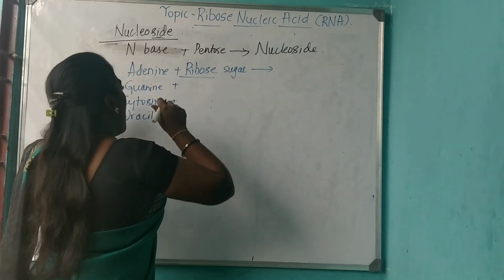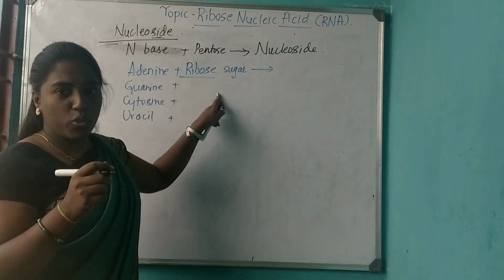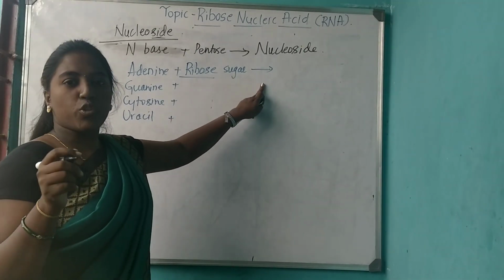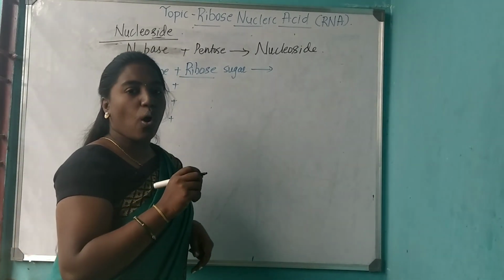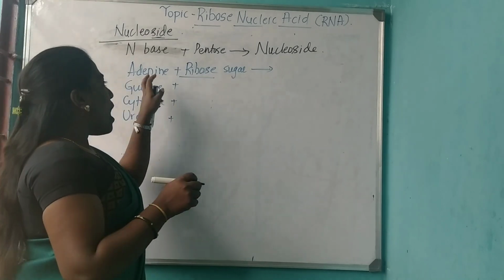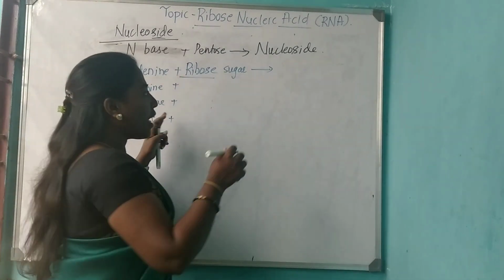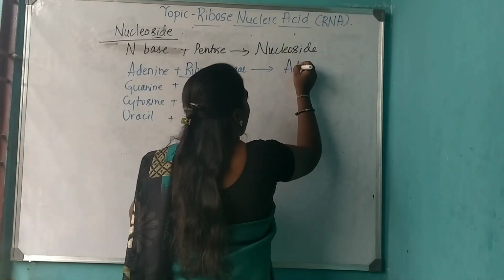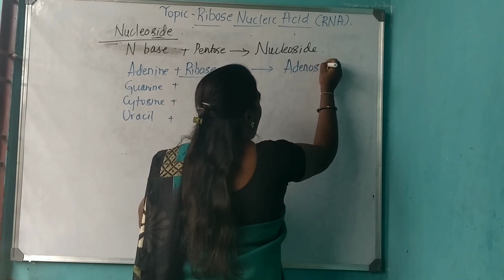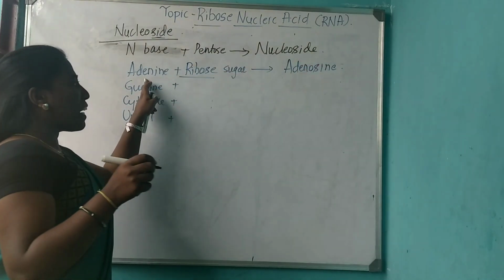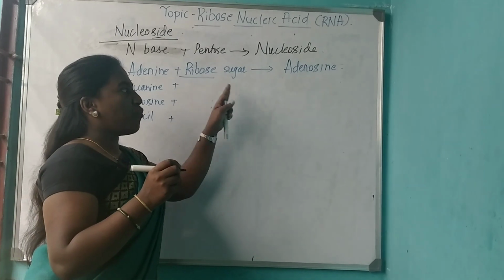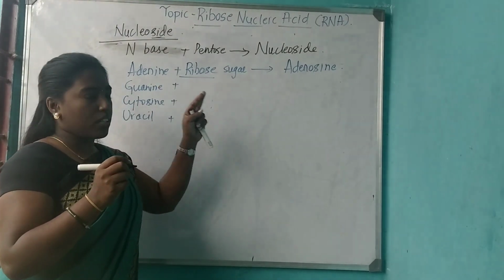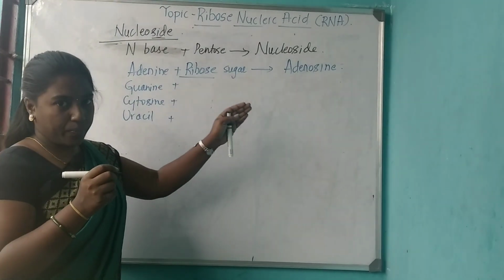Now, adenine combines with the ribose sugar and forms a nucleoside called adenosine.